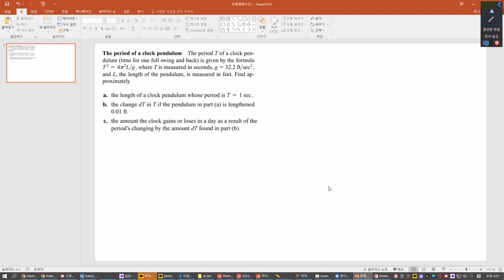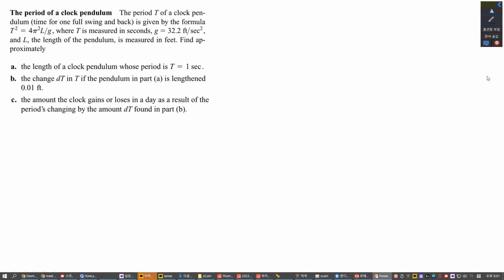So, now the length of the string changes. So if we use the formula, when t is 1, we can multiply g to both the sides.